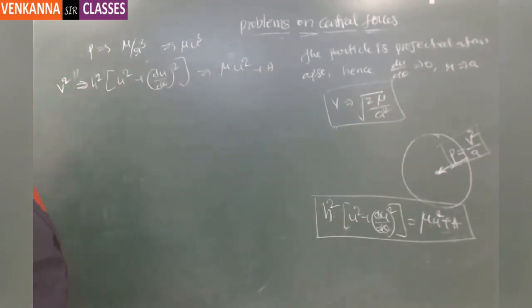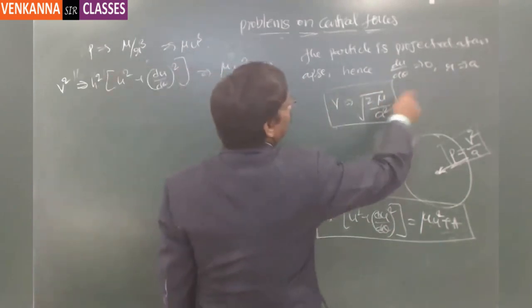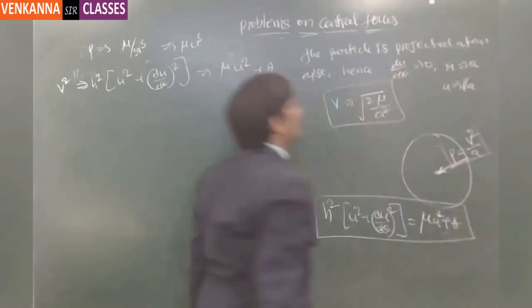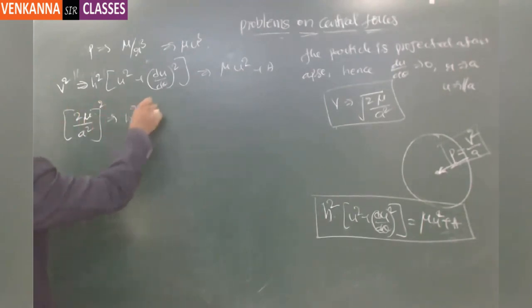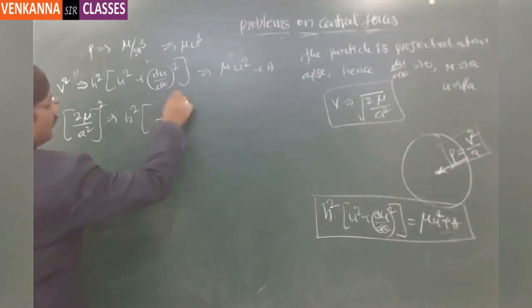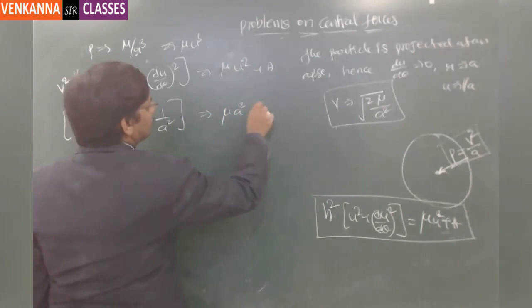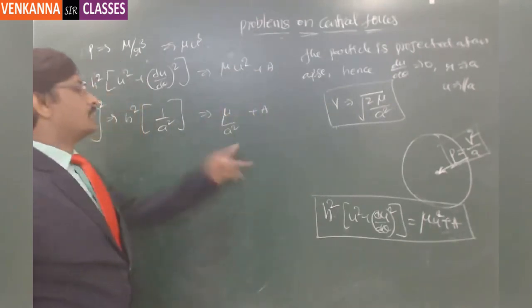Now here the initial velocity was given and u is equal to 1 by a because it is at an ellipse, and then du by d theta equal to 0. So from this relation, 2 mu by a square is equal to h square times of 1 by a square, which is equal to mu by a square plus a.